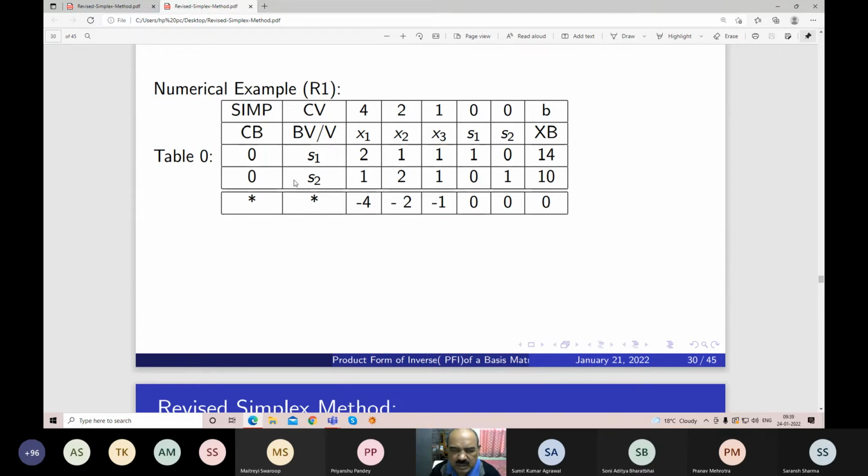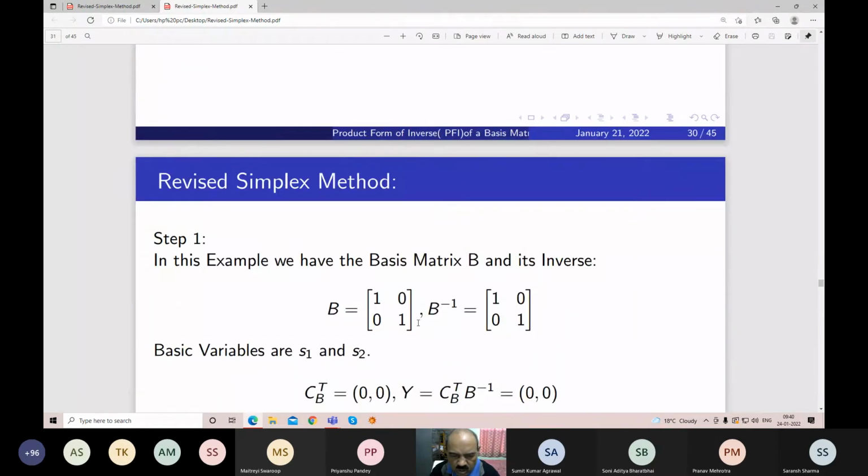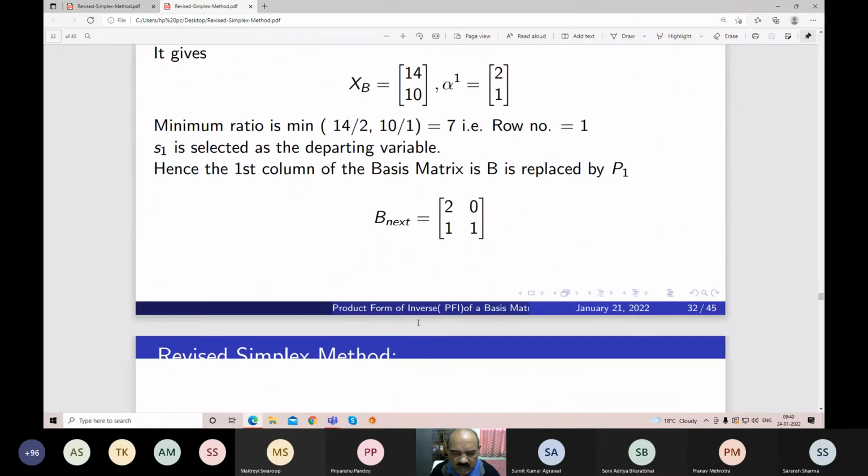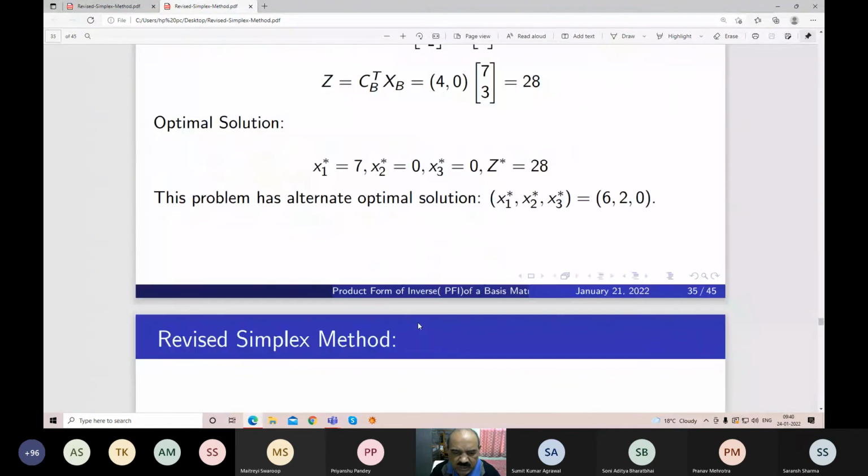Similarly for the second one, that is minus 1 by 3 and 2 by 3: 20 minus 14 is 6, 6 by 3 is 2. So our solution is becoming 6, 2, 0. We have verified. So this is a solution.